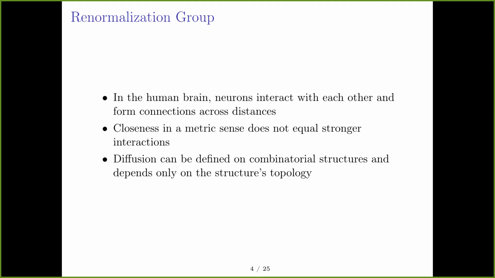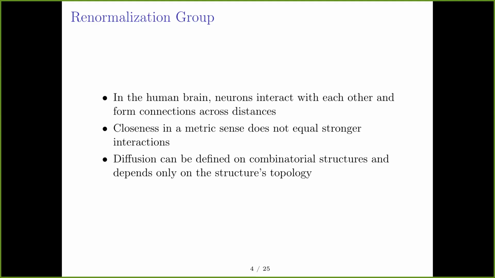We look at diffusion. So the thing is with diffusion, we can also think of it as a notion of distance. And this is because the less time it takes for something to diffuse from one point to another, the closer it is. And this makes a lot of sense for our purposes because in many systems that we are interested in, closeness in a geometric sense is not necessarily an indicator for interaction strength.